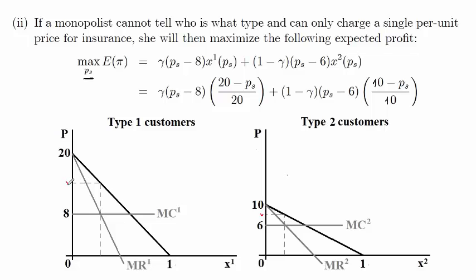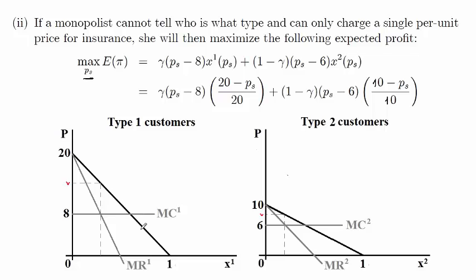However, I'm not allowed to charge 2 prices, so I'm going to charge a single per unit price to both type 1 and type 2 customers. Now, what is this price going to be?